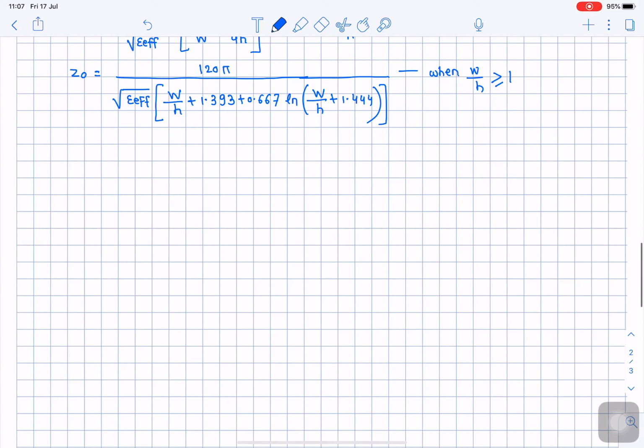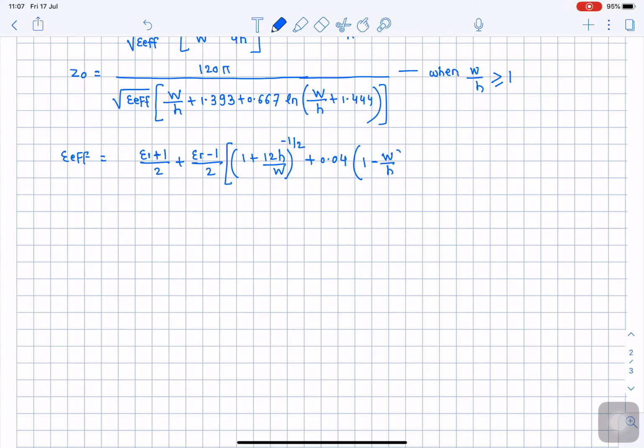So how is the effective dielectric constant given? Epsilon r plus 1 divided by 2, plus epsilon r minus 1 divided by 2, into the reciprocal of bracket 1 plus 12 h by w, to the power 1 by 2, plus 0.04 into bracket 1 minus w by h, whole square, bracket complete.